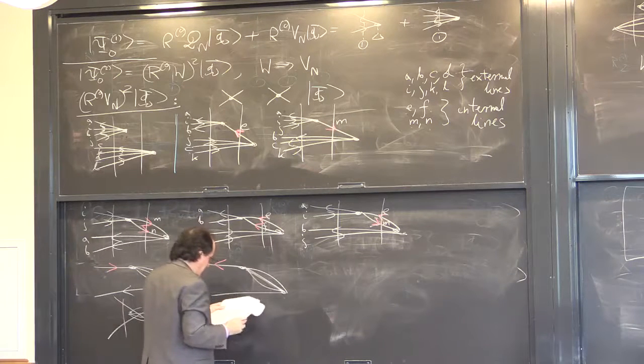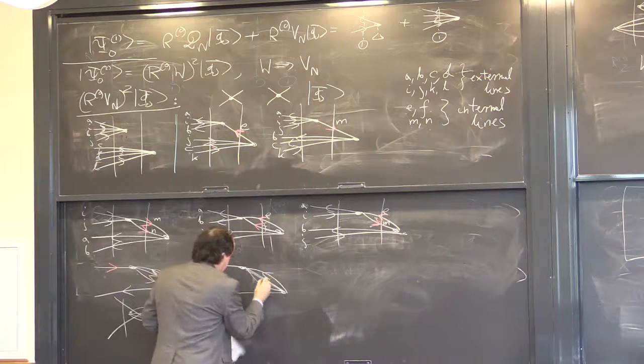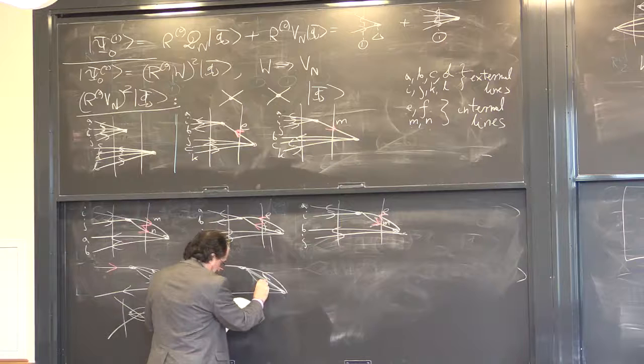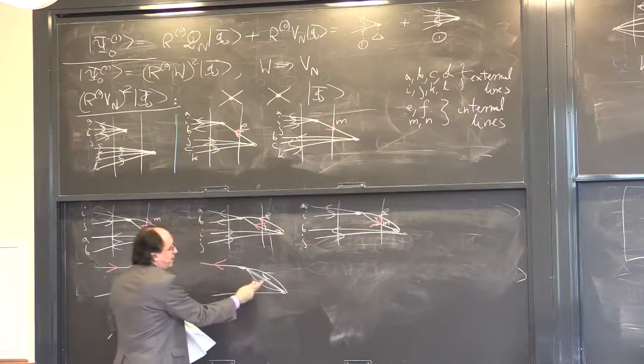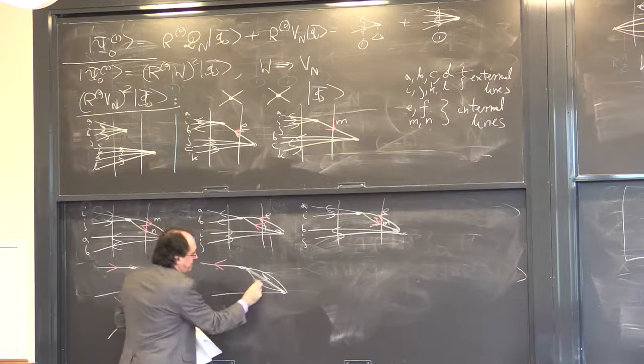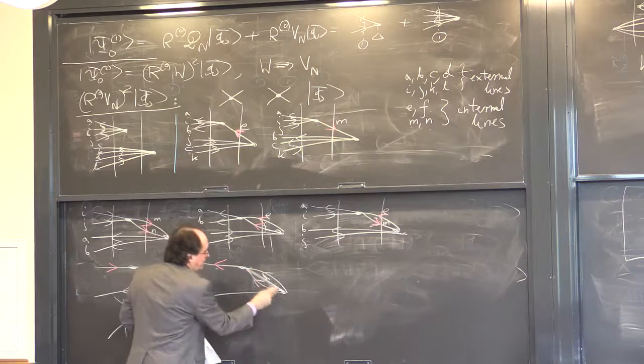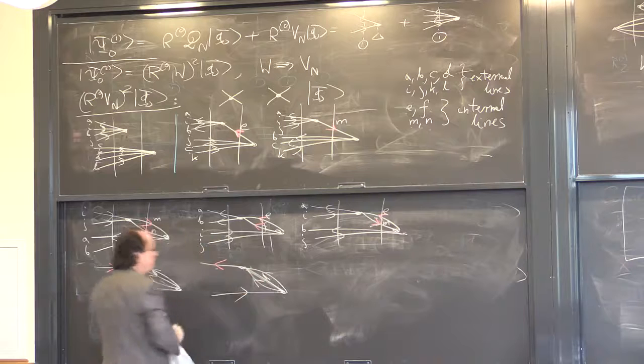And then here we'll do it again in a similar way. Two lines are leaving this vertex, so two must be coming into it. And now you have two lines leaving, so two must be coming in, and we're done.